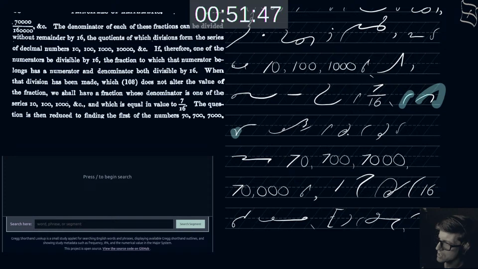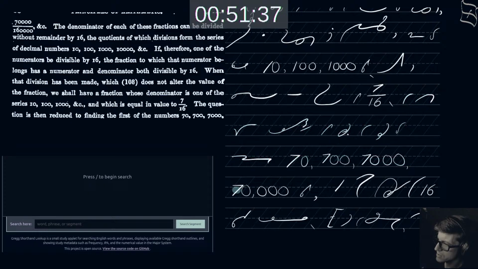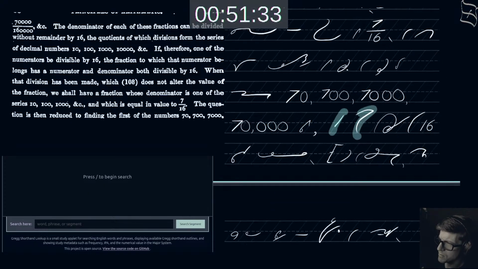The question is then reduced to finding the first of the numbers 70, 700, 7,000, 70,000, etc., which can be divided by 16 without remainder.